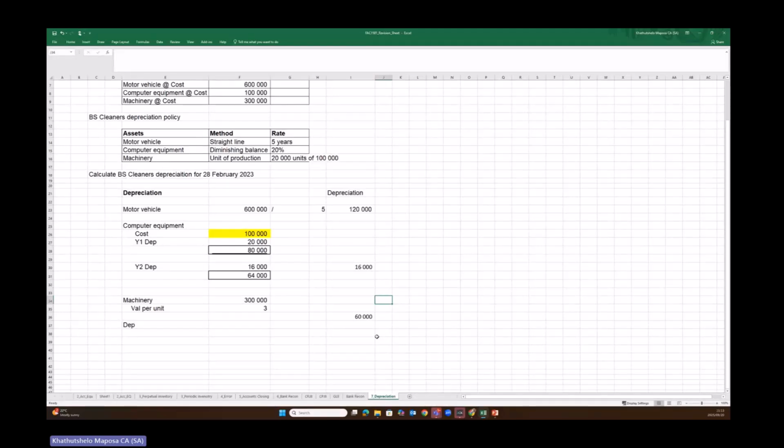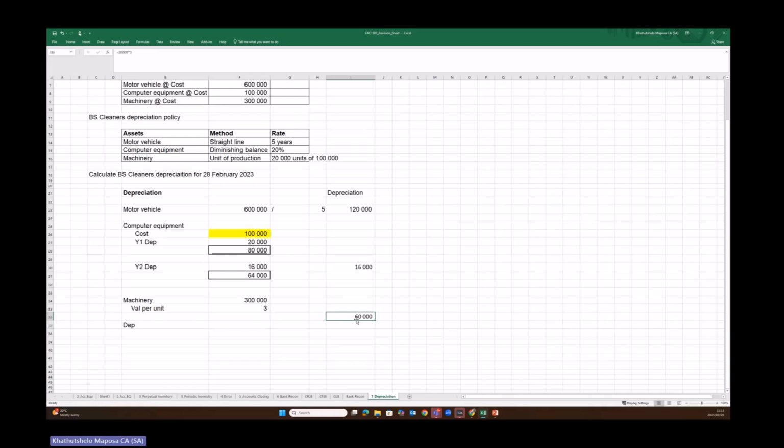What I find easier is to take the cost of the machine and divide it by the total units it is going to produce, then determine how much value it loses per unit, then determine the depreciation depending on how many units it has produced this year.